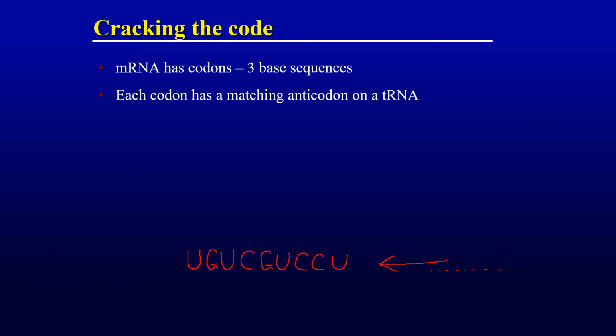All right. Now, each codon has a corresponding anticodon on a transfer RNA. So now I'm going to draw the corresponding anticodons. That would be an A, a C, and an A. And there I'm going to draw a transfer RNA. I'm going to kind of represent it like this.